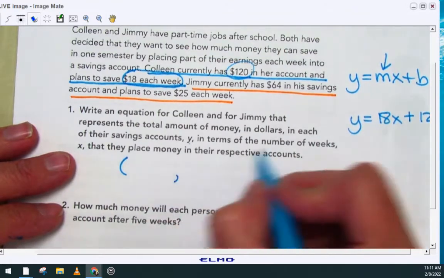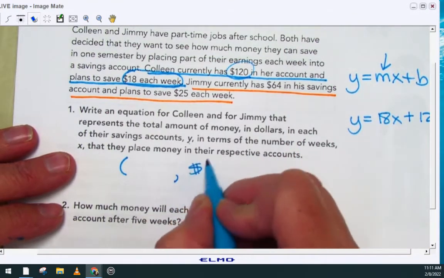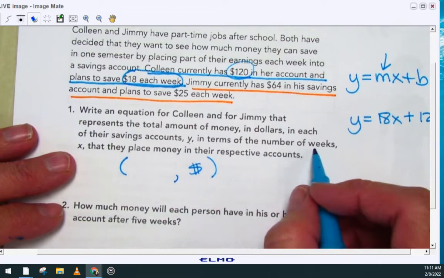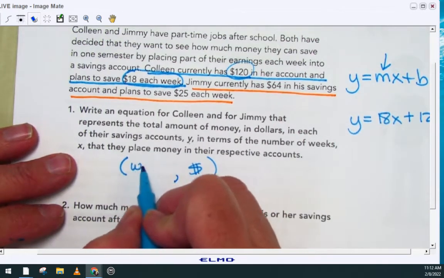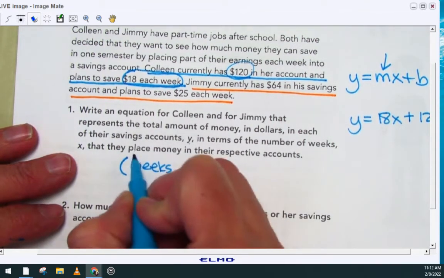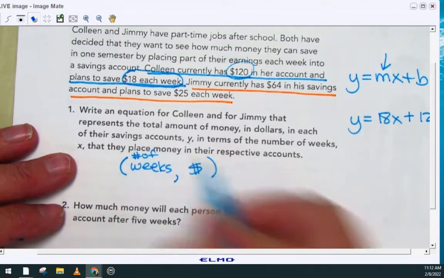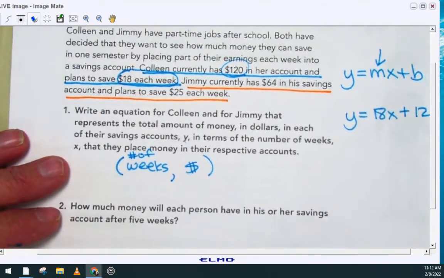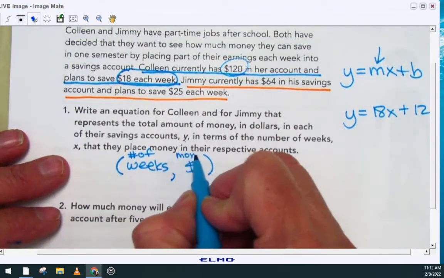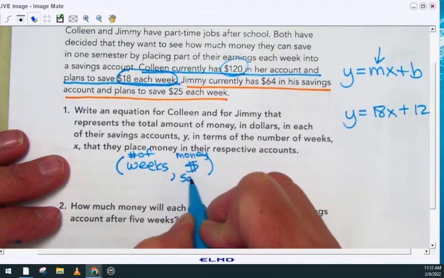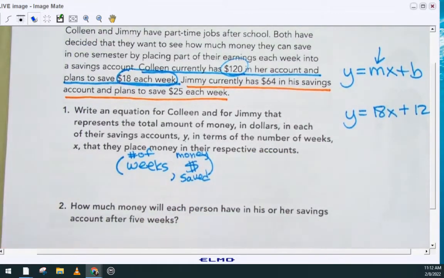So Y is the dollars, and the X is the weeks. So it's actually number of weeks. And this is money saved. That's what it really is.